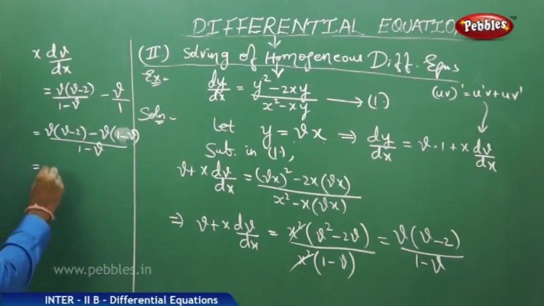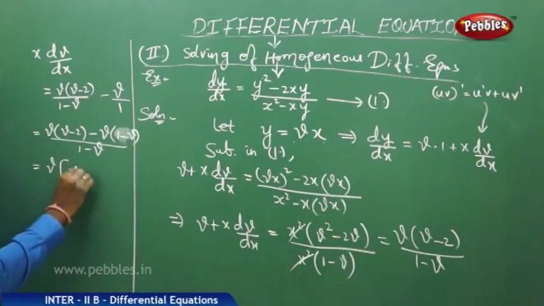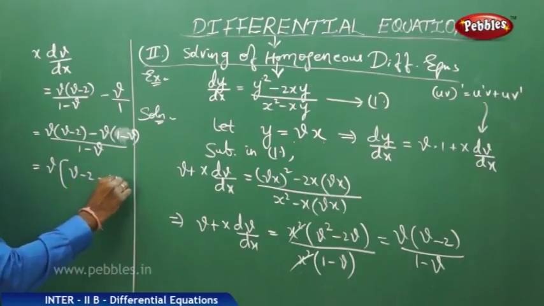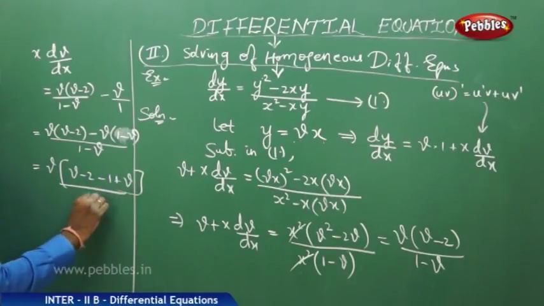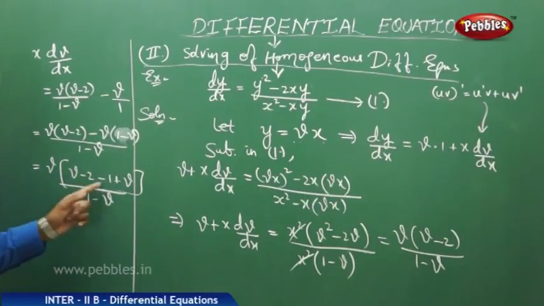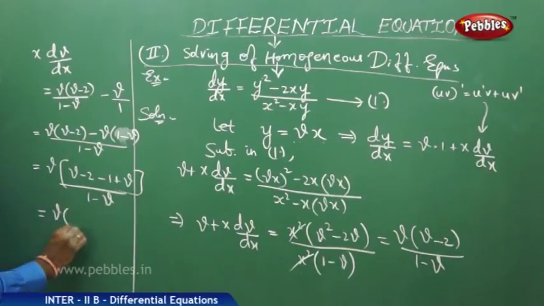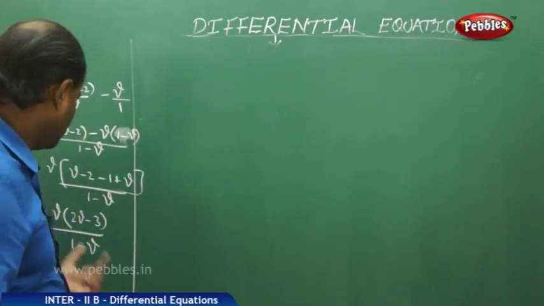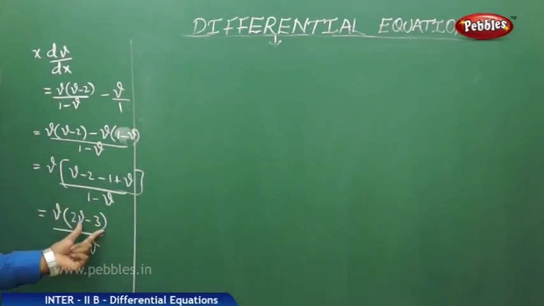This, on further simplification, gives v times of v minus 2 minus 1 plus v by 1 minus v. This, on further simplification, gives v times 2v minus 3 by 1 minus v.